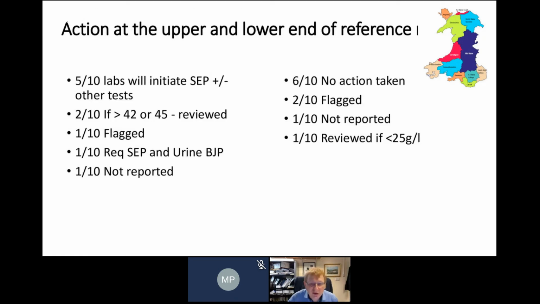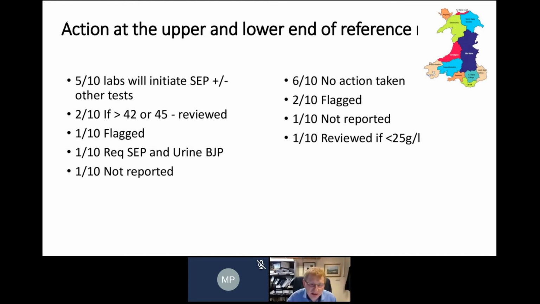And so we asked the labs across Wales, before we introduced the cutoff, what do you do at the upper and lower end of your reference ranges? Looking just at the right-hand side, the lower end, the majority of laboratories actually did nothing, or they flagged it, which sort of means nothing, or they didn't report it, which also means nothing, or they reviewed it, which also doesn't necessarily mean a diagnosis.